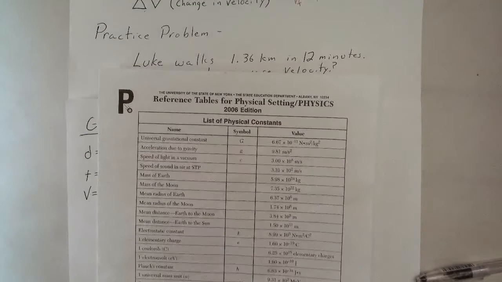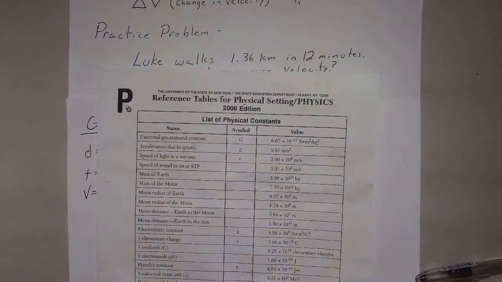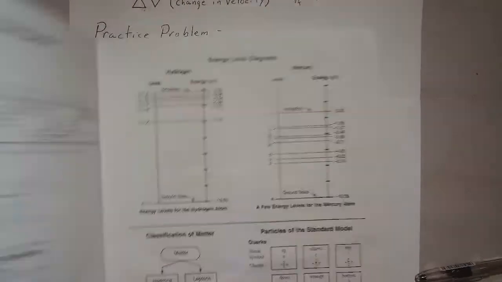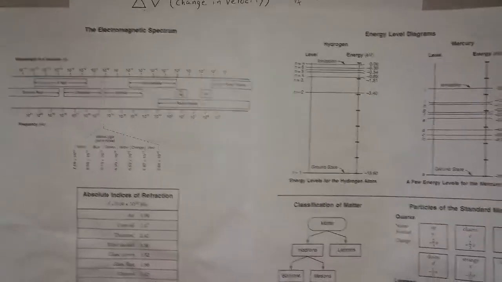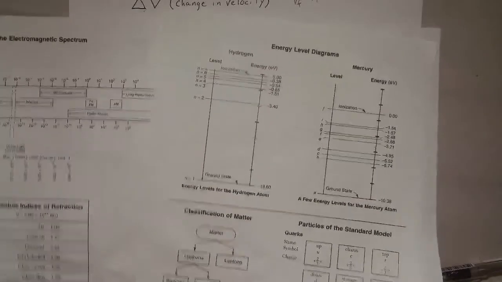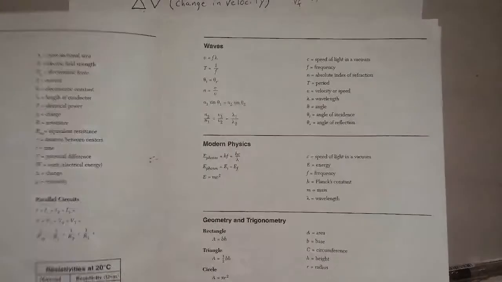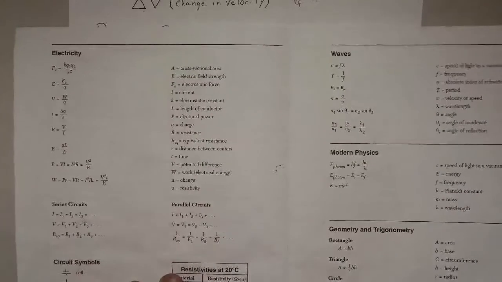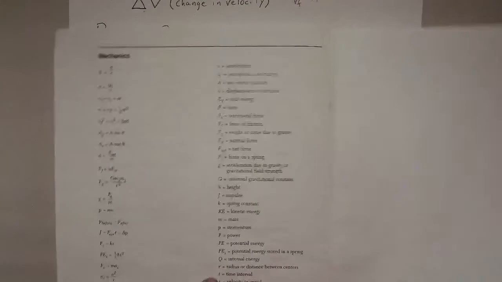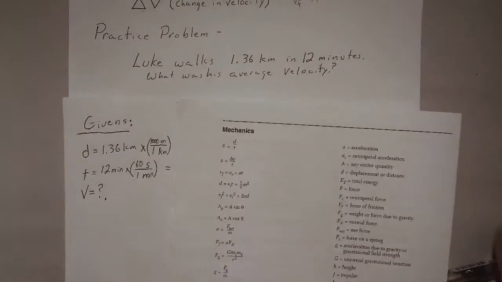You see the physics reference tables. You see the list of physical constants here on the top. A variety of very important concepts here. We have all the equations for electricity, all the equations for waves in modern physics, and then we get to the equations for mechanics. Here's the equations for mechanics.